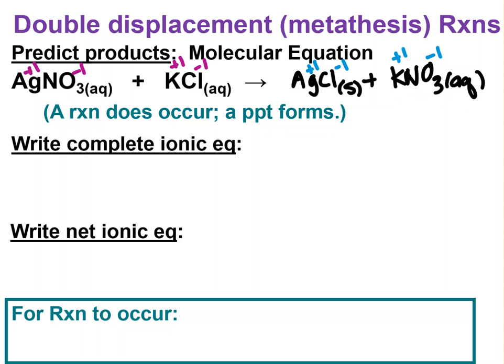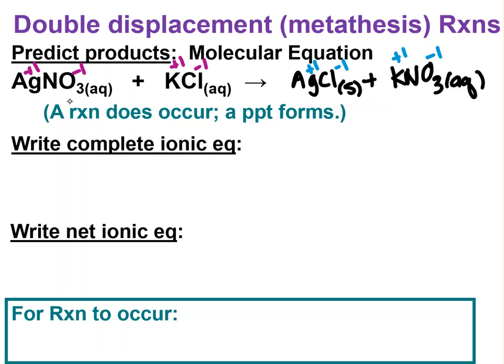So the next type of chemical equation we're going to write, the complete ionic equation, we're going to be more truthful and show them split apart when they really are in real life. So again, what we've got to do is look at each one and decide if it's a strong electrolyte, which means it's completely ionized. So use our solubility rules.